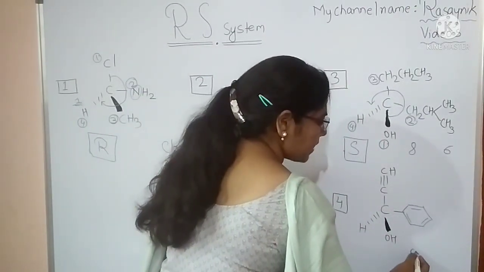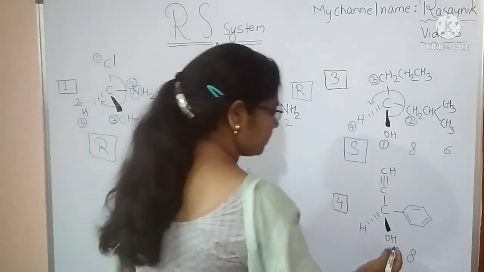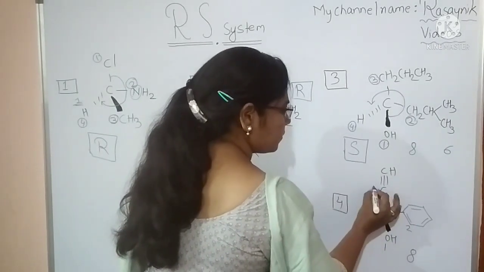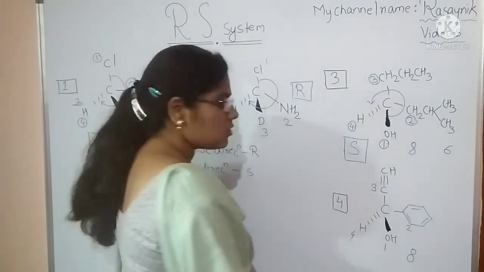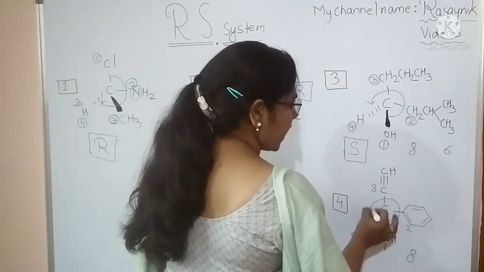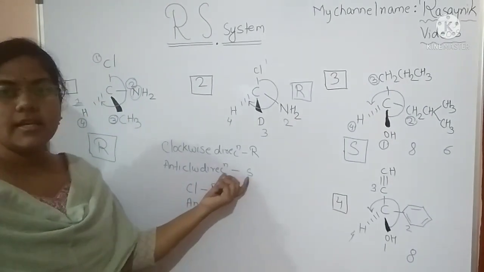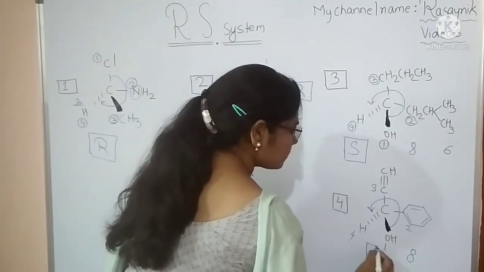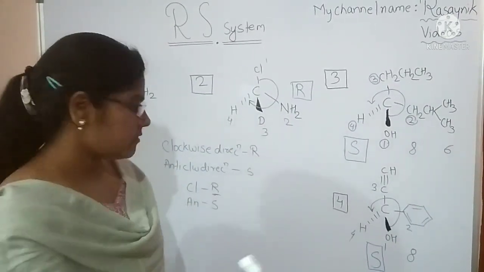So first priority is given to the oxygen atom. 1, 2, 3 and 4. How will it rotate? In anti-clockwise direction. In anti-clockwise direction, the S configuration will come. Okay, now S configuration will come.